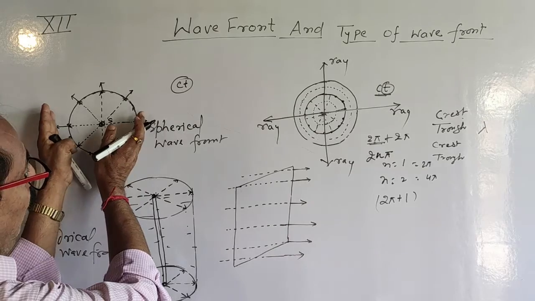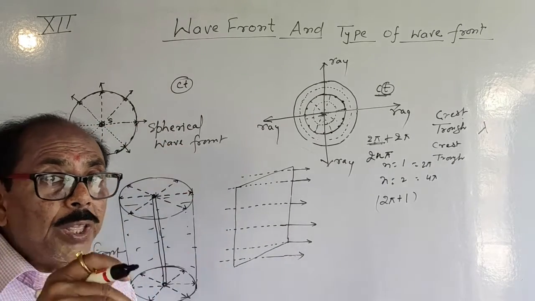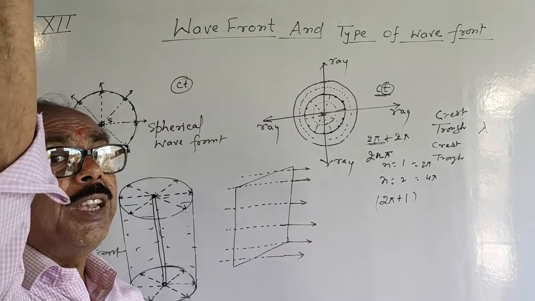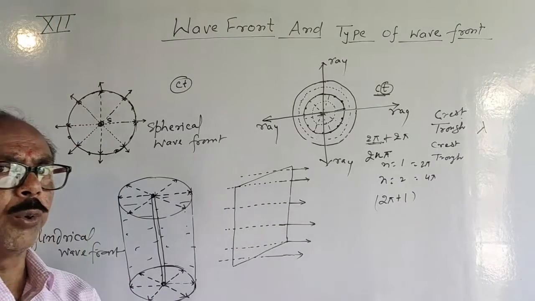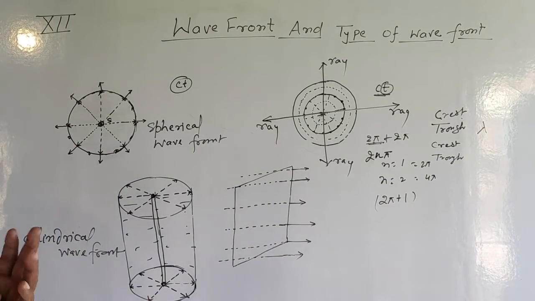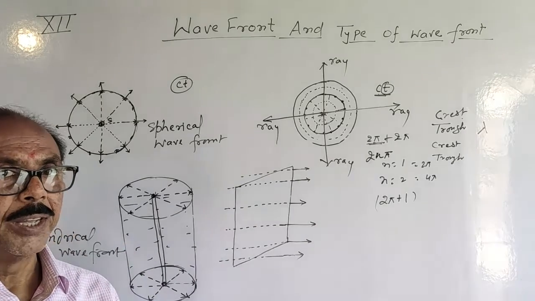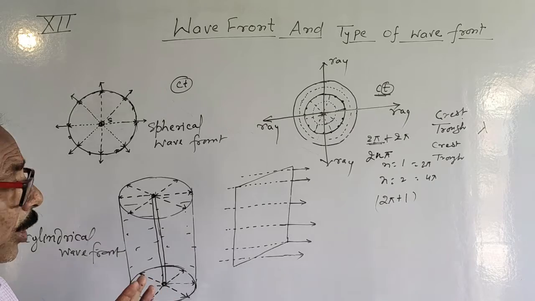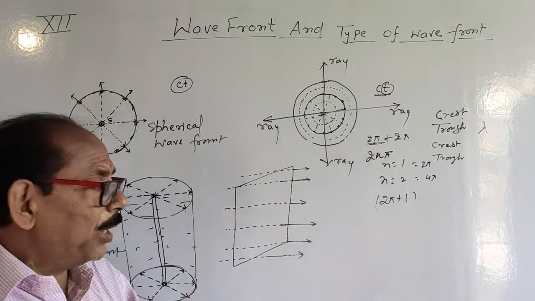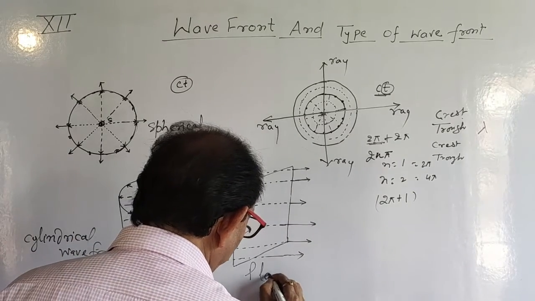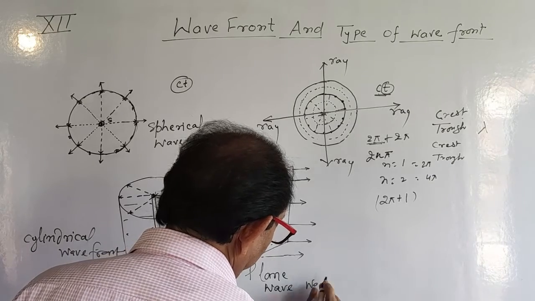A portion of the cylindrical wavefront, or a portion of the spherical wavefront originating from a distant source, far away, and we are watching this wavefront from a distant point, you will observe it is just like a plane, so it is called the plane wavefront.